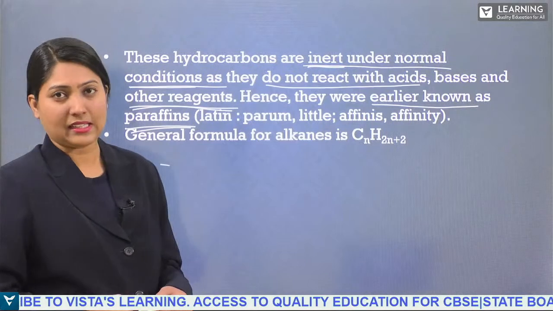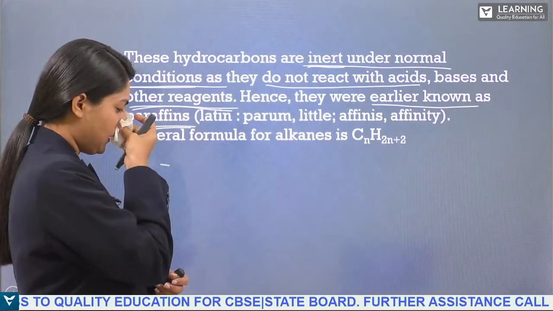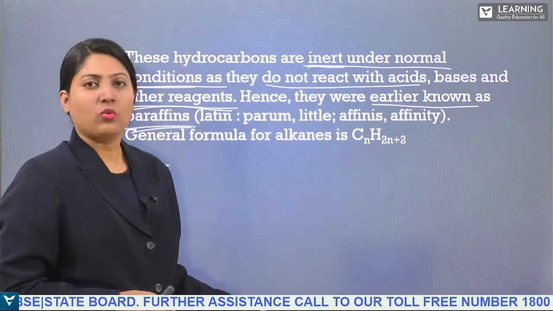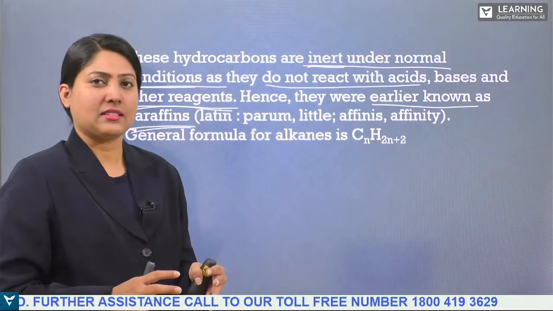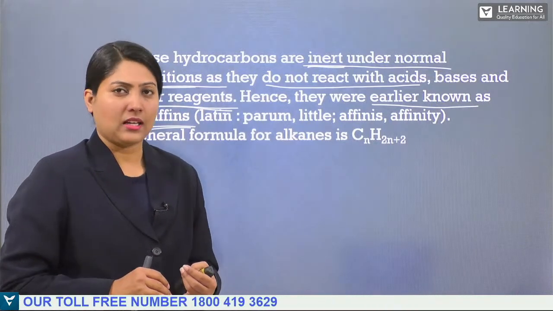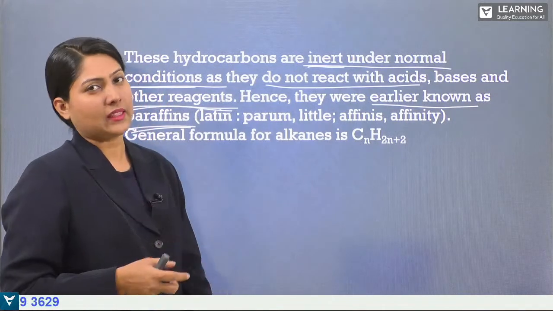General formula of alkanes. What is the general formula of alkanes? So here we said we have a group of alkanes, methane till n number of alkanes. How to remember them and what is common in them?